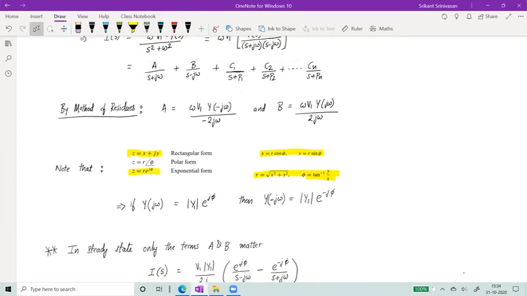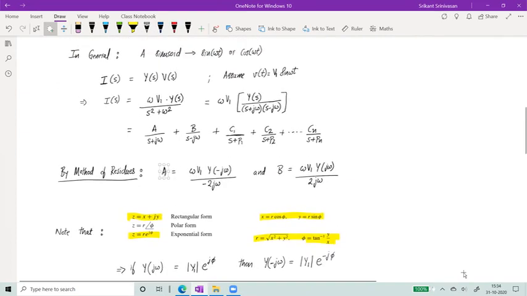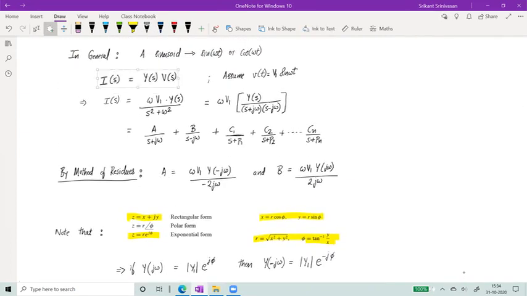So the reason I'm doing this is I want to further evaluate my terms, right? I started with I of s. In general, I of s is Y into V. Then I said that V is a sinusoid, so I took the example of sine omega t, which is omega by s squared plus omega squared. Then I used the method of residues to split this, and I got this whole term.